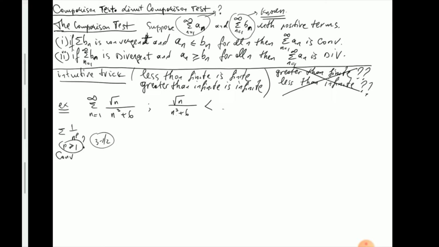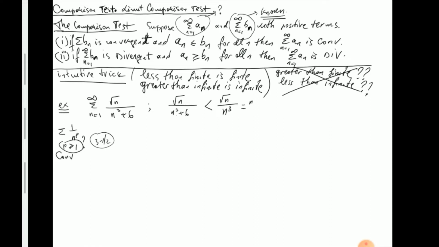And usually the trick works if you simply take the new series involving only the leading terms. So if I drop the 6, that's not a universal rule, but if I drop the 6 from the denominator, that means I'm decreasing the denominator, and by decreasing the denominator, I'm increasing the overall fraction.